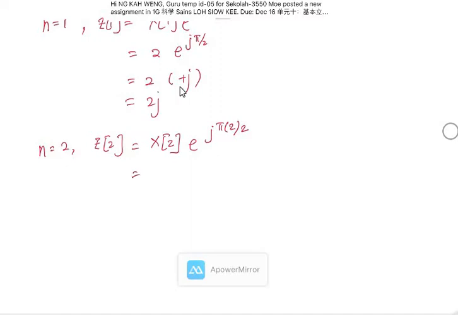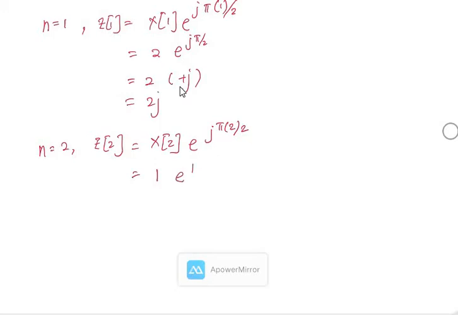That is equal to 1 times e^(jπ). So this is e^(jπ), you get minus 1, so your answer is minus 1.